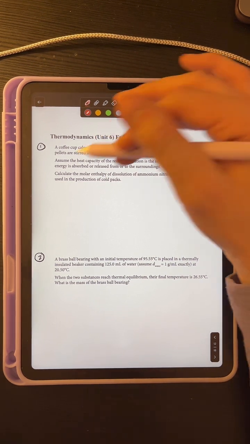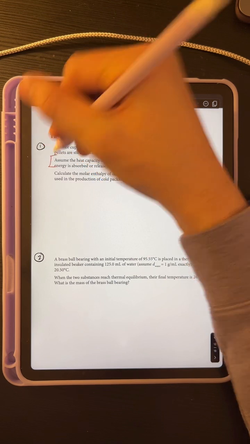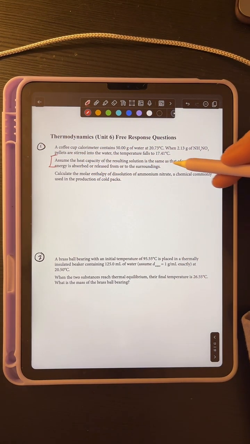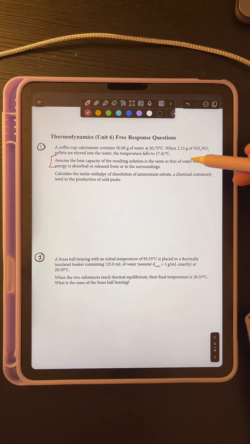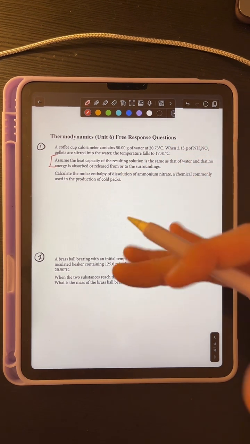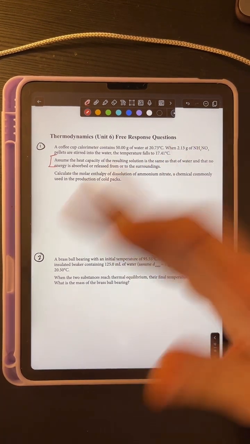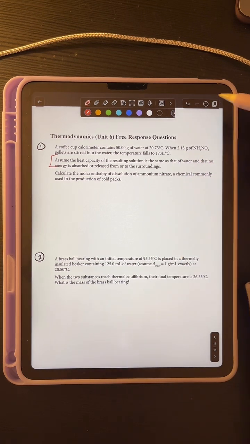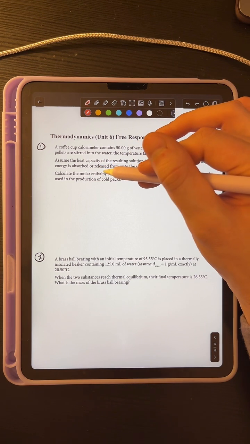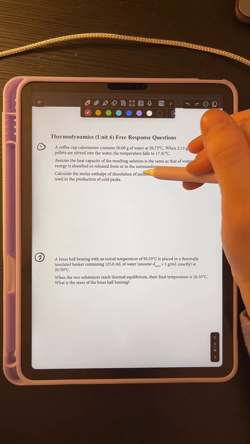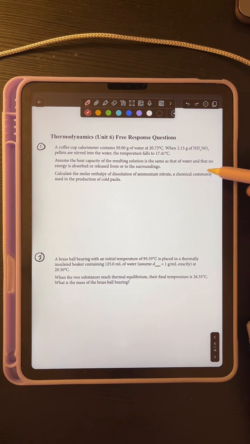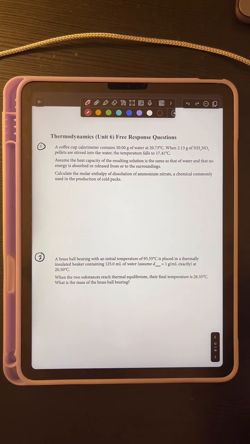There will almost always be a part in a question that says assume the heat capacity of the resulting solution is the same as water and no energy is lost. That's just letting you know that it's a good calorimeter, that you don't have to account for any negligible changes in heat. Calculate the molar enthalpy of dissolution of ammonium nitrate, a chemical commonly used in the production of cold packs. If you've ever used an instant cold pack, you may have used one with ammonium nitrate.